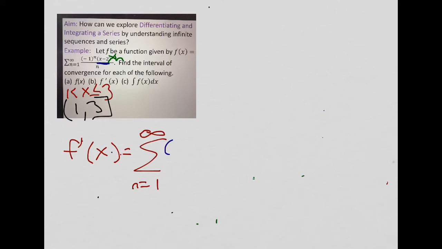So leave the negative 1 to the nth power, leave that it's over n, this whole thing. Now, just like we would use the power rule, we're going to move the n in front of the expression for x minus 2. We're going to subtract 1 from the n. So this is how we're taking the derivative of this particular series.